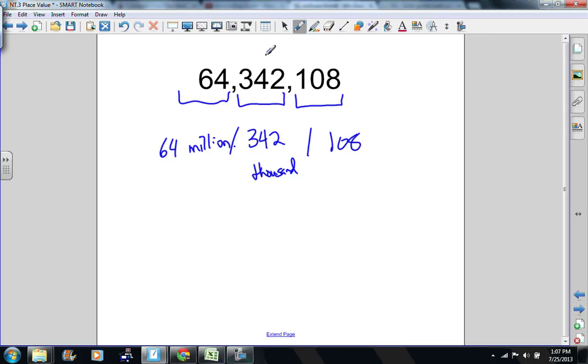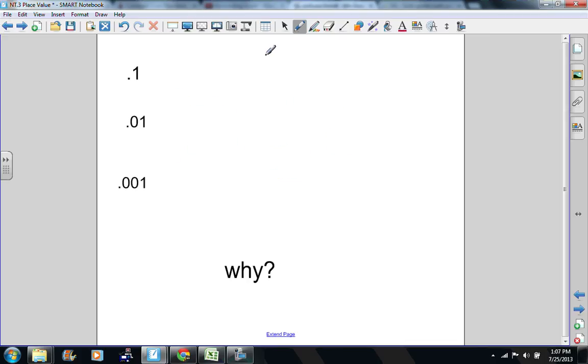All right? So, if we get to decimal places, which make this a little bit trickier, but not terribly more difficult, for decimals, we look at this and we say this is 1/10th. This is 1/100th. And this is 1/1000th. And I always wondered why. Why do we call this 1/10th, and not 1/100th here or whatever?